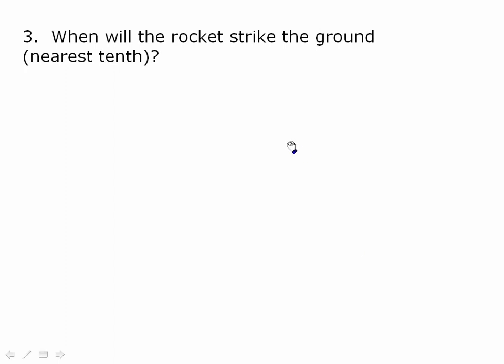So what we do now for this one, you recognize that when the rocket hits the ground, you're really asking yourself, when is the position s at t equal to 0?